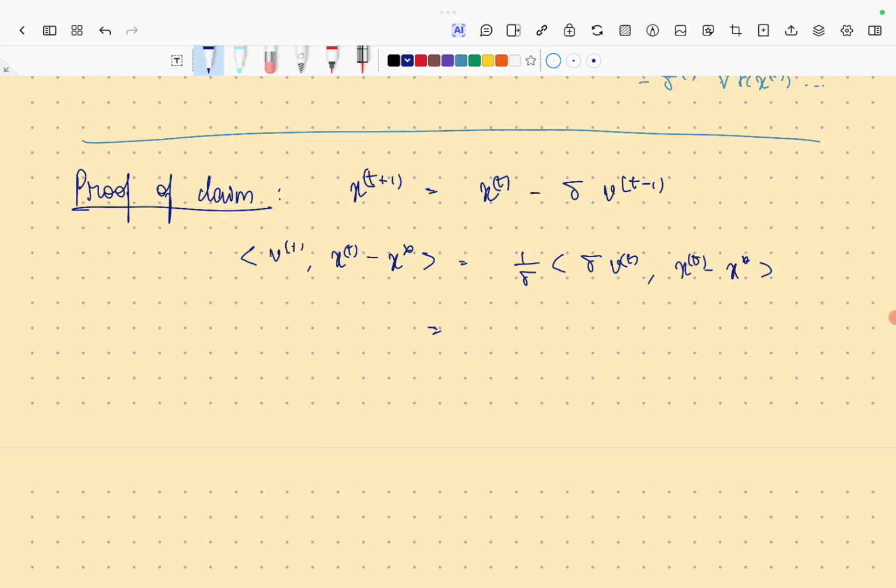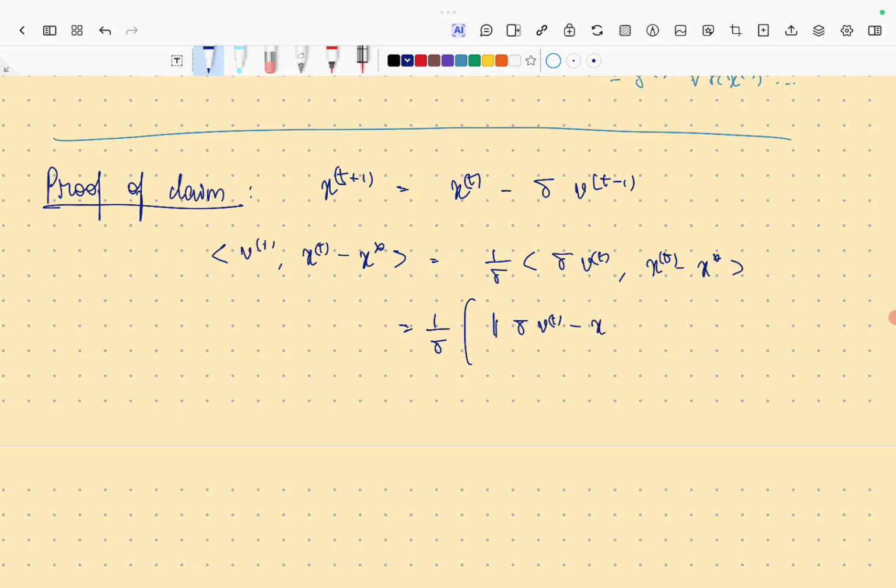So I can write this as 1 over 2 delta times norm of delta vt minus xt plus x star, squared, minus this particular quantity, plus norm xt minus x star squared plus delta vt squared.